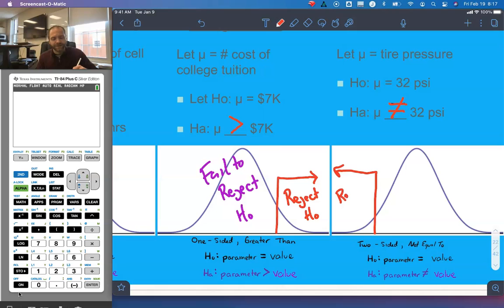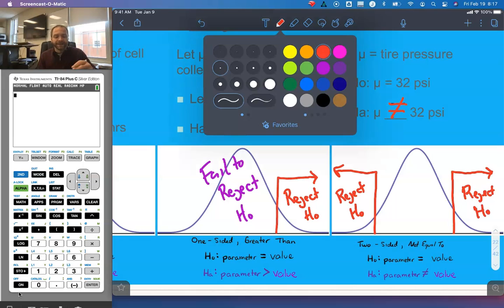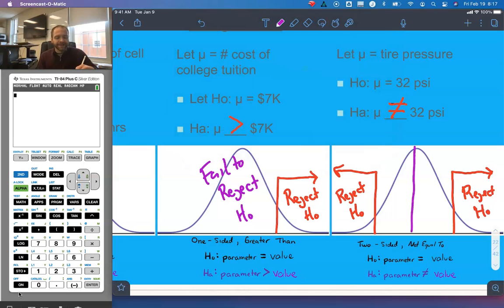So this would be your reject the null area. But if you overfill your tires, you can have danger as well. And so this would also be your reject the null area, because it's away from the area that says the parameter is true. It's further away from those. And so this region would be your fail to reject the null.